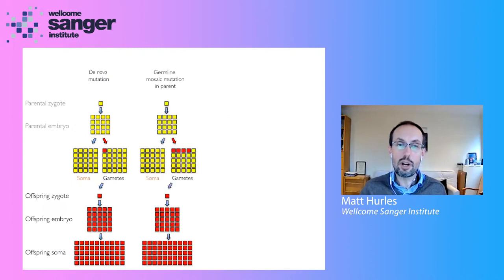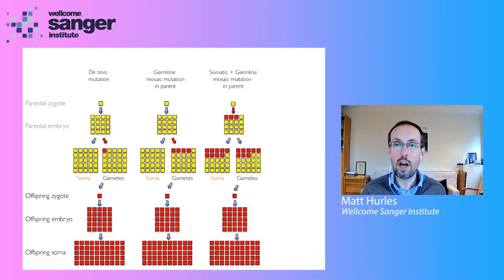So what we might also want to find out is where the germline is what's known as mosaic, in other words, the mutation is present in more than one gamete. And that, of course, means there's a higher risk of a subsequent child having the same mutation. Or indeed, if the mutation occurred so early on in development, it's actually found both in the gametes and in the somatic tissues of the individual.